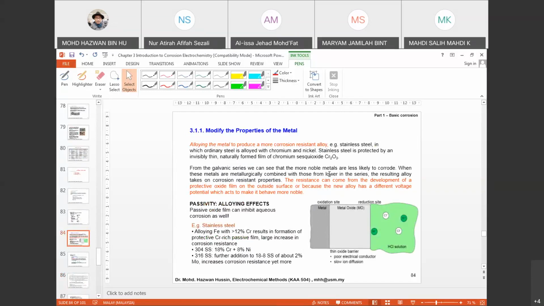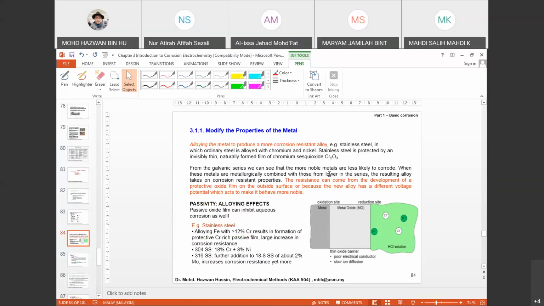Right. So besides modifying the properties of metals through alloying, passivation is also another method to passivate the metals. The passive oxide film can inhibit aqueous corrosion as well.